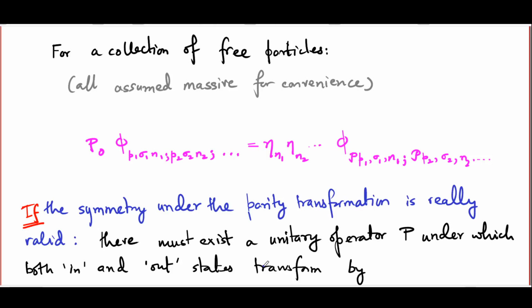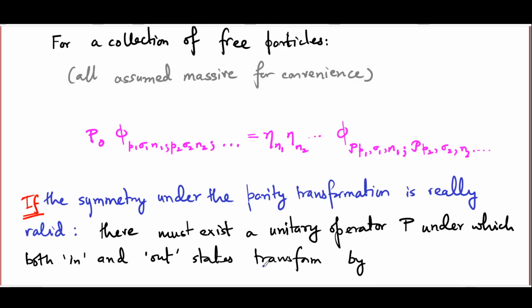There must exist a unitary operator capital P under which both in states and out states transform exactly like the free particle states. The important thing is the same operator capital P has to act on both the in states and the out states if the symmetry is to be a valid symmetry.